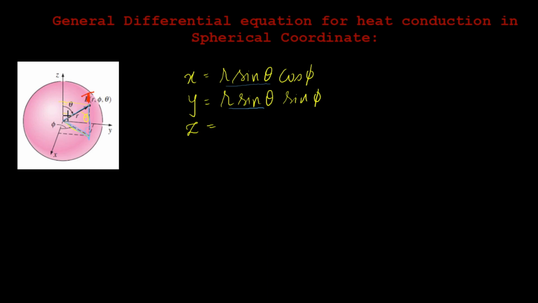Since we know theta and I need the adjacent side, we know that it is r cos theta. So r cos theta will be the value of z, r sin theta cos phi is the value of x, and r sin theta sin phi will be the value of y. This is the equation which you have to use for coordinate transformation.